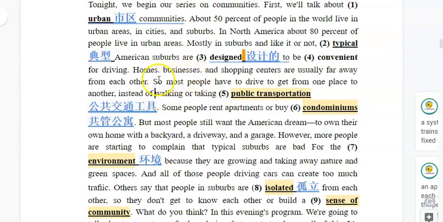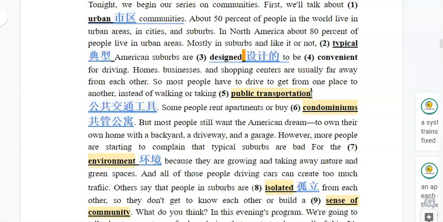So let's continue here. So most people have to drive to get from one place to another instead of walking or taking public transportation. Okay, please read the sentence. So most people have to drive to get from one place to another instead of walking or taking public transportation.